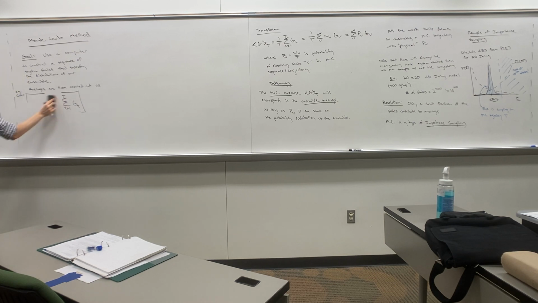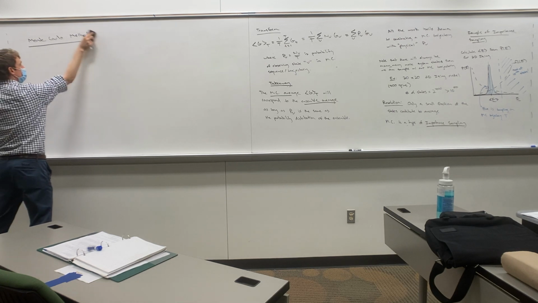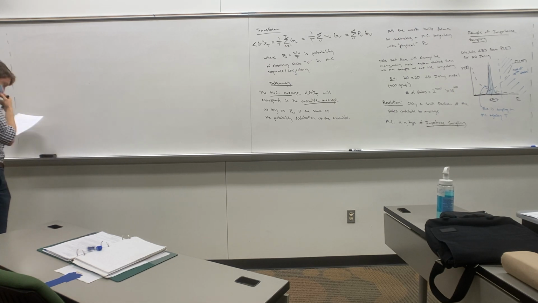We'll focus on Metropolis Monte Carlo, and then I'll point out where you change it to get different techniques. Okay, so here's our method. This is a method posed by Metropolis for how you're going to do this importance sampling. So Metropolis Monte Carlo.